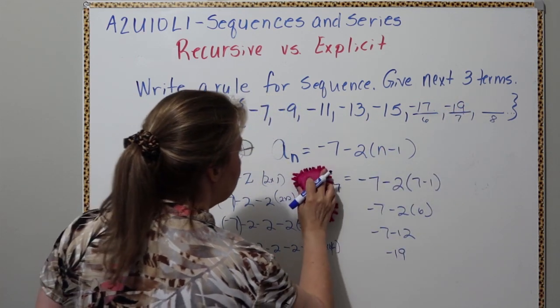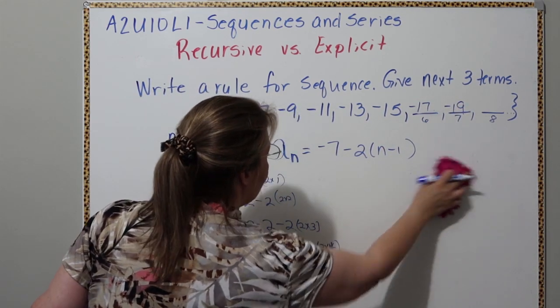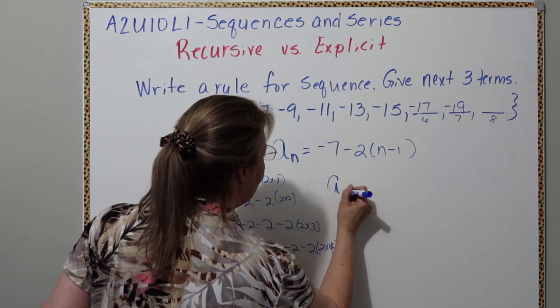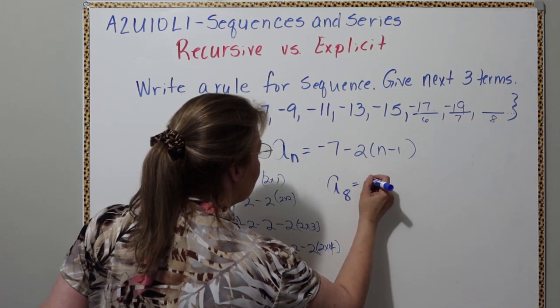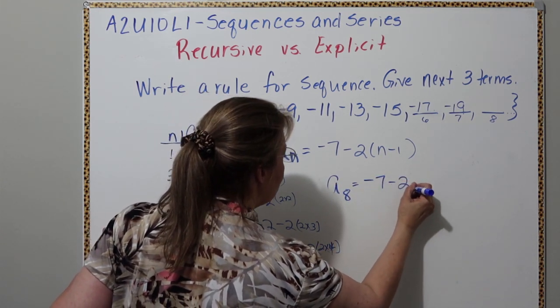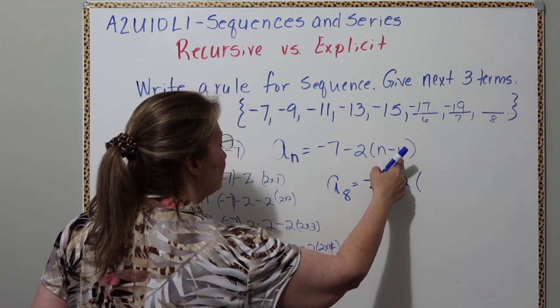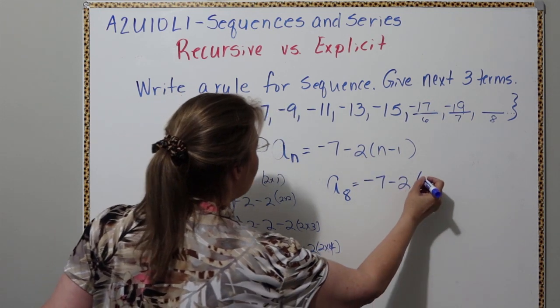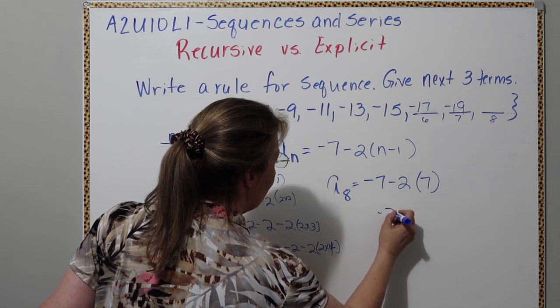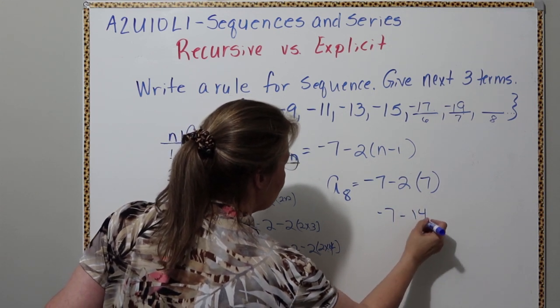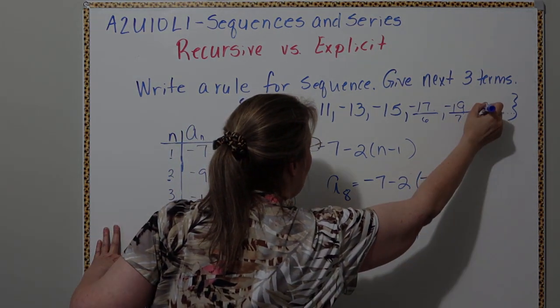And then my last one, if I need to find A8, that's going to be -7 minus 2 times n minus 1, 8 minus 1 is 7. So I've got -7 minus 14, which is -21.